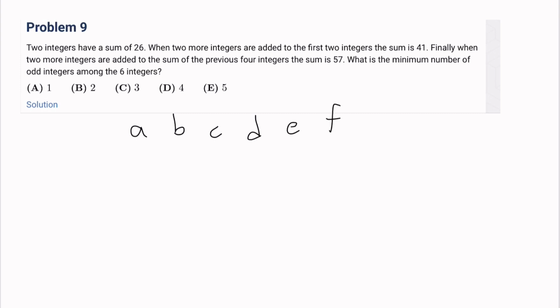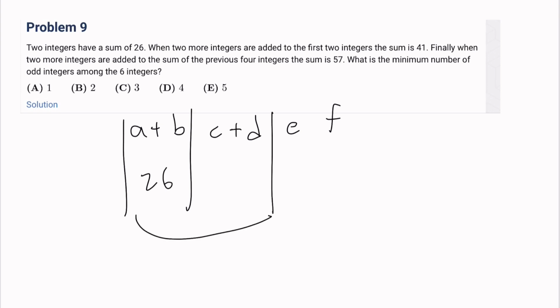And so that will give the first two integers, the sum will be 26. And the sum of the next 2 integers, since this whole thing is 41, then this should be 15. And the whole sum should be 57. So EF, just this much, that would be 57 minus 41, which is 16.